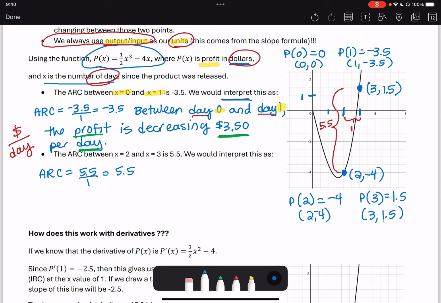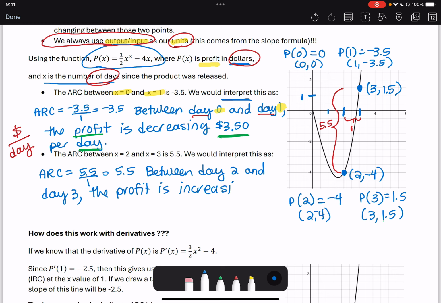Now this one with our interpretation, we're going to say between day 2 and day 3. So we're referencing those input values. We'll say the profit is increasing because we got a positive.